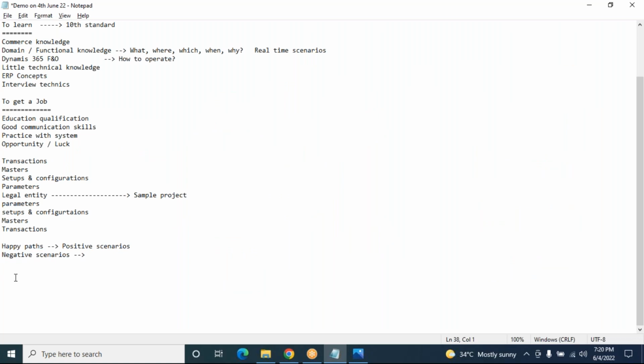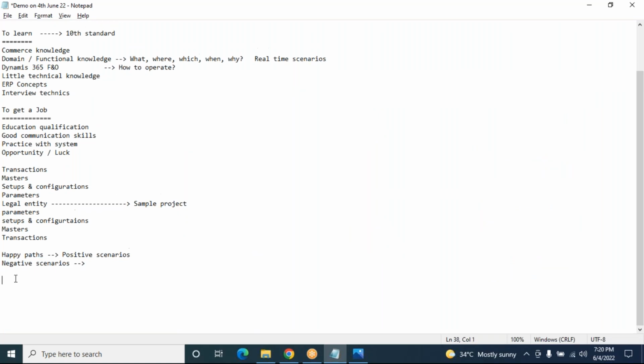The timings are Monday to Friday, 8 to 9 AM IST, Indian Standard Time. The session will be almost 2.5 months.